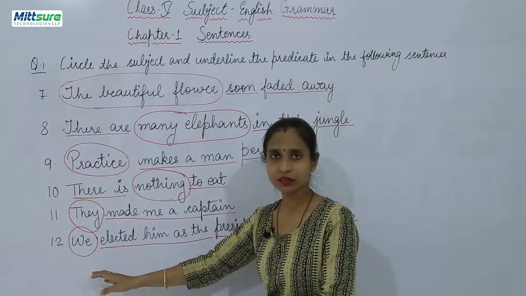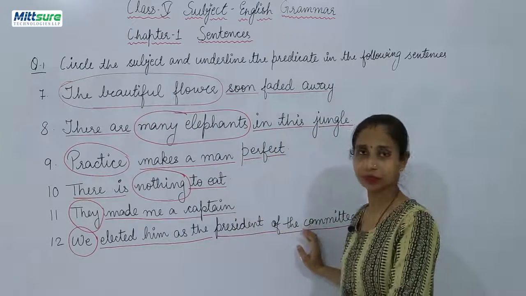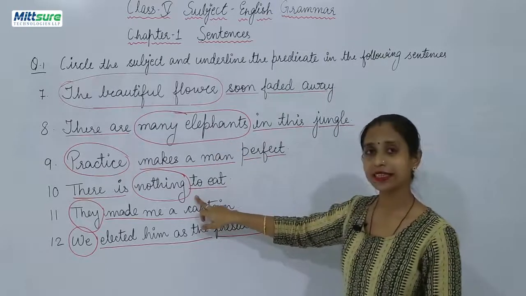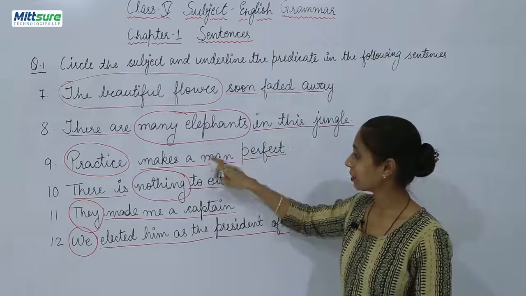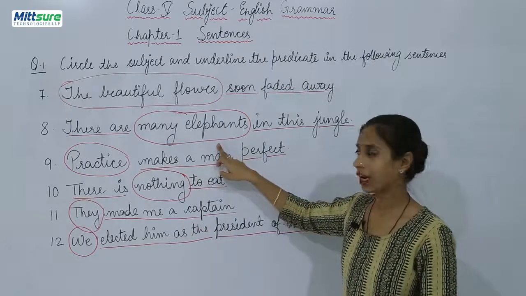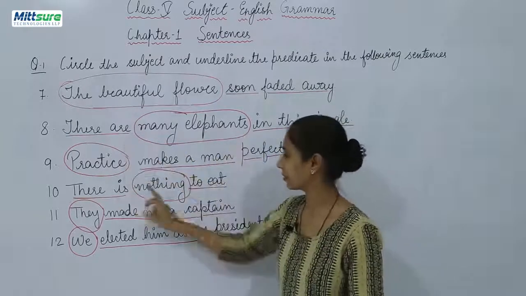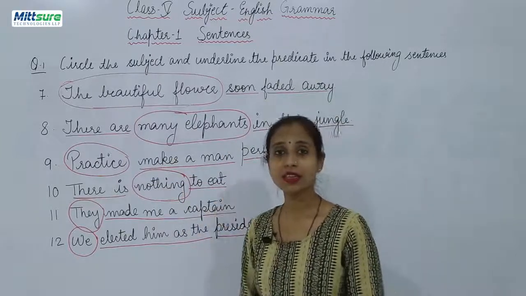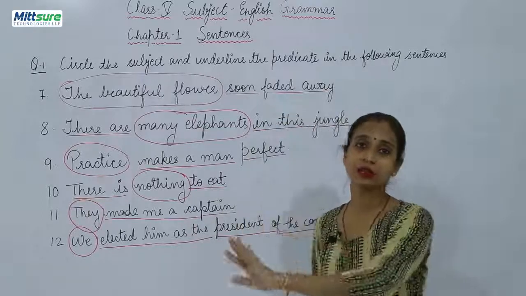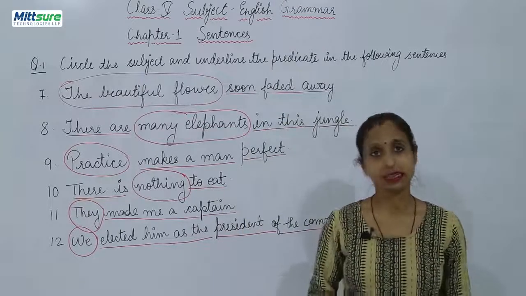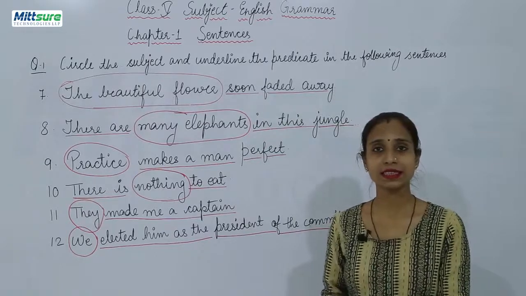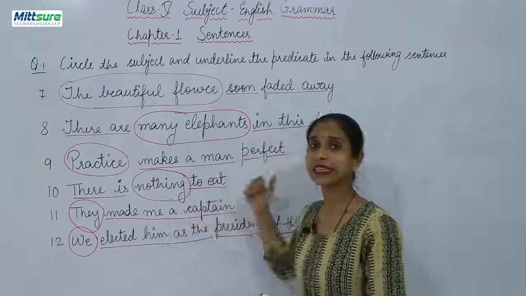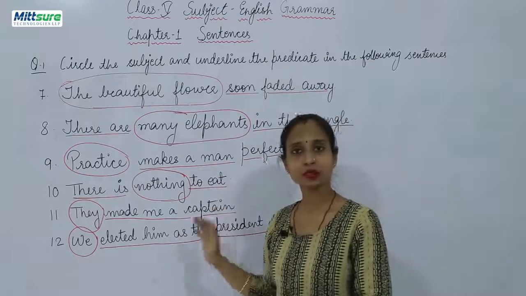But in the 8th statement and 10th sentence, subject is coming in between the sentence and on both the sides predicate is there, right? So it will be wrong to say that always subject comes first and predicate follows it. There can be certain cases where subject can come in between or at the end. I hope you understood this exercise.